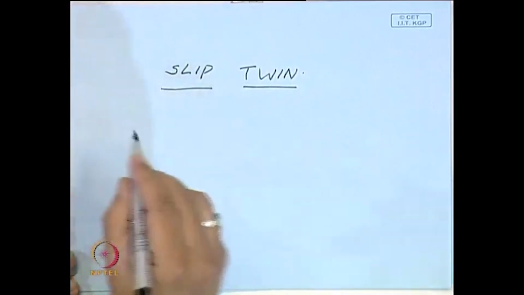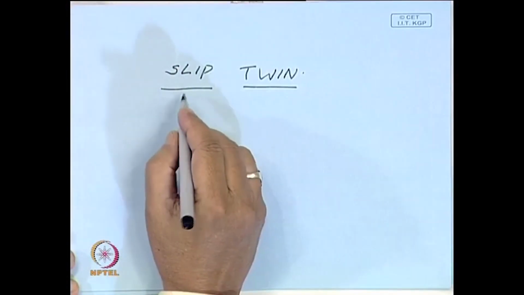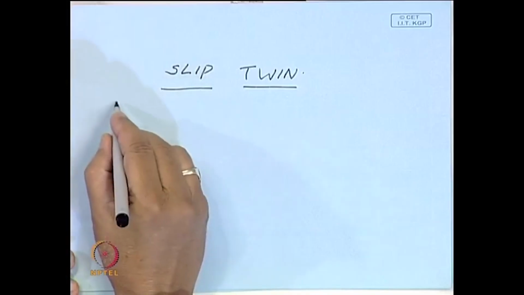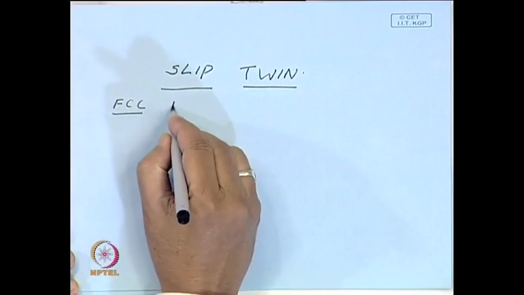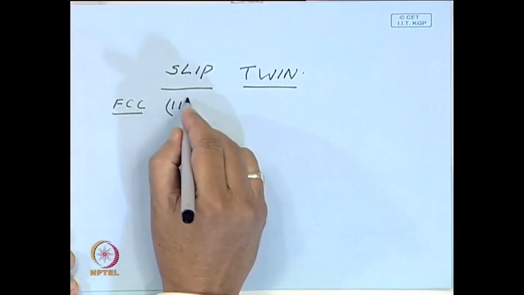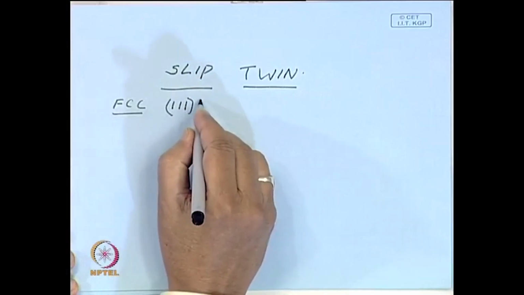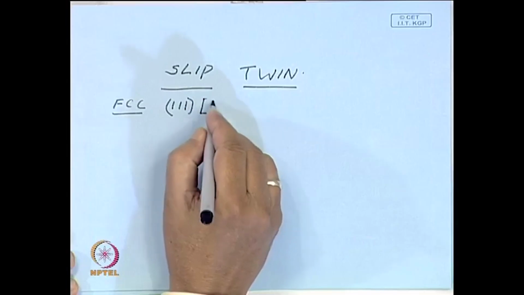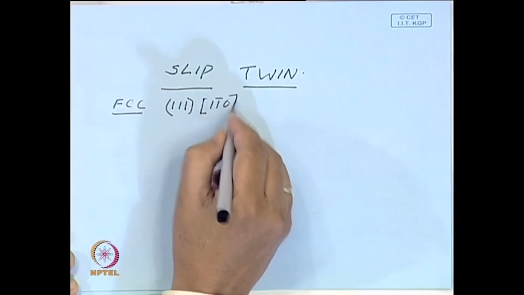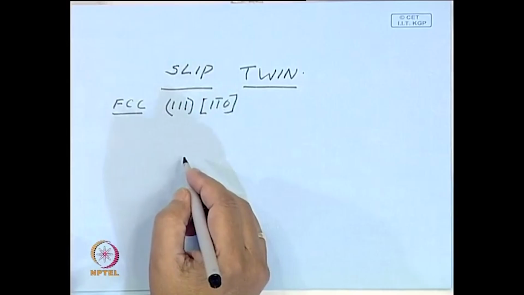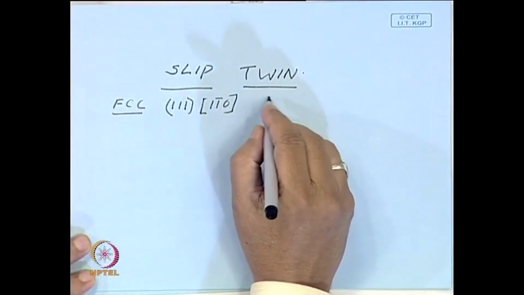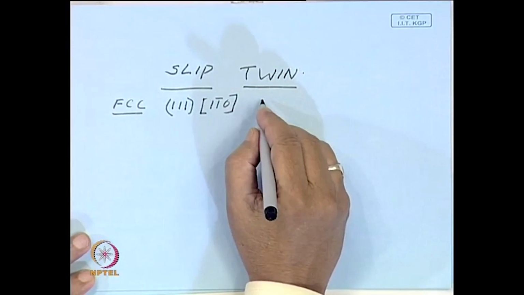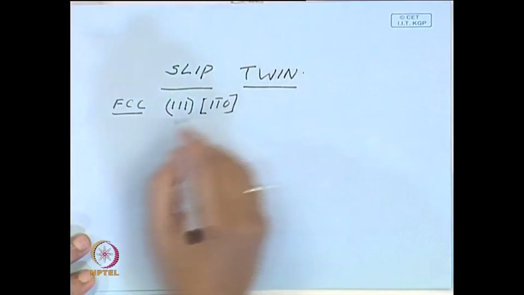Slip takes place on specific planes along specific directions, and in each crystal like FCC, it takes place on plane 111 along direction 110. Similarly, twin also takes place on a specific plane along a specific direction.